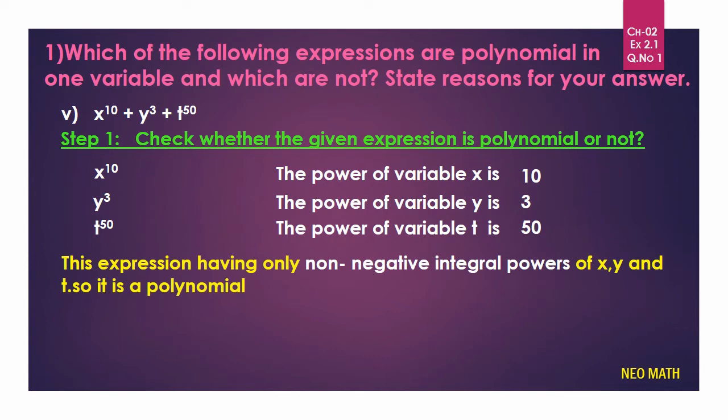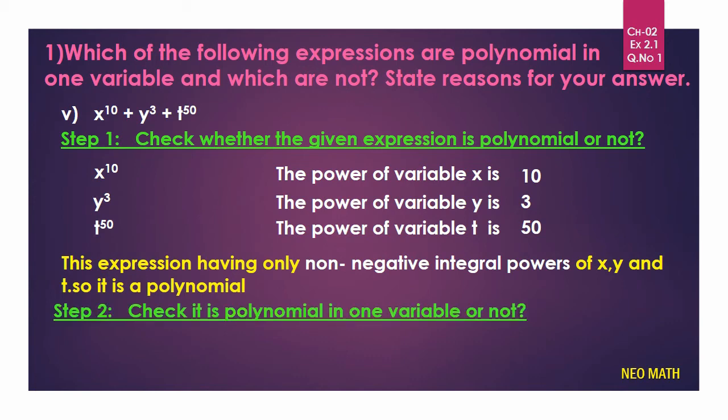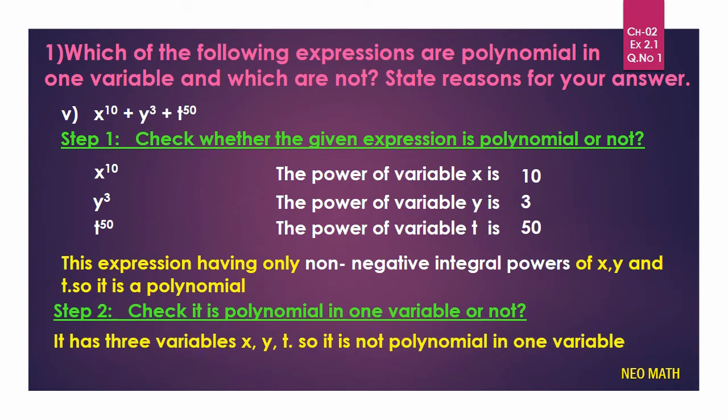This expression has only non-negative integral powers of x, y and t, so it is a polynomial. Step 2, check whether it is a polynomial in one variable or not. Here we have three variables x, y and t. So it is not a polynomial in one variable, it is a polynomial in three variables x, y and t.